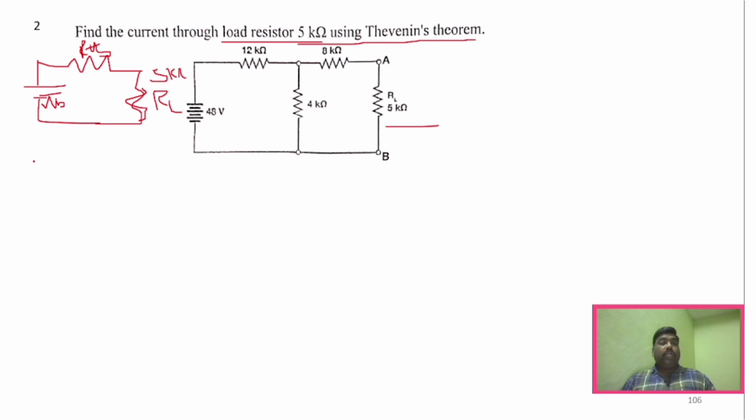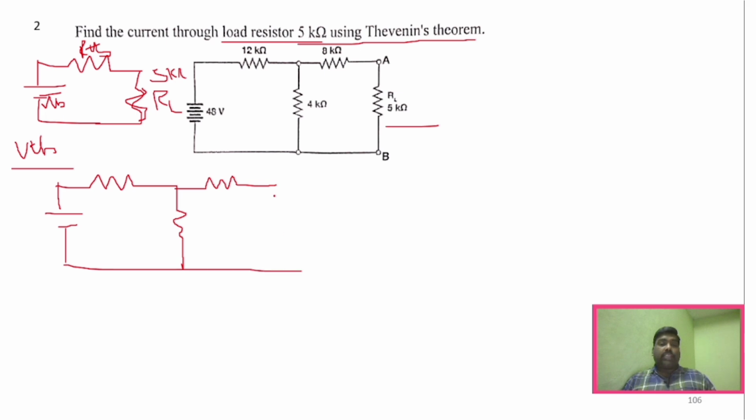So now I'm going to find VTH. How will I find VTH? I have to remove this load resistance from the circuit. So if you remove the load resistance, we have to use the same circuit but without the load resistance, which means this will be A and B. And the voltage across A and B is VTH.